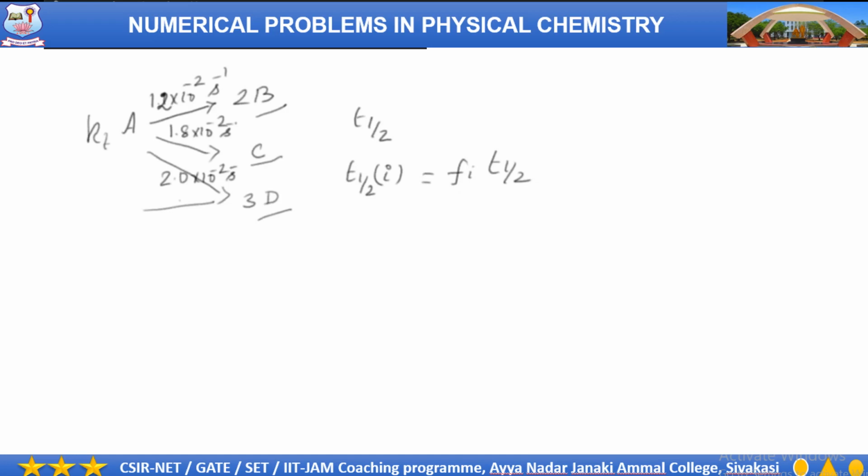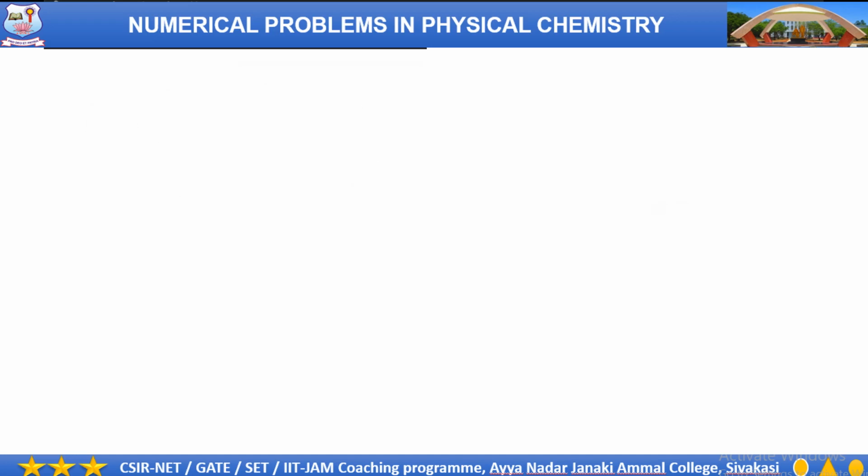Okay? Take down the next problem. A giving B and C and D. B mode, 80% of the mode. C, 10% or 15%.